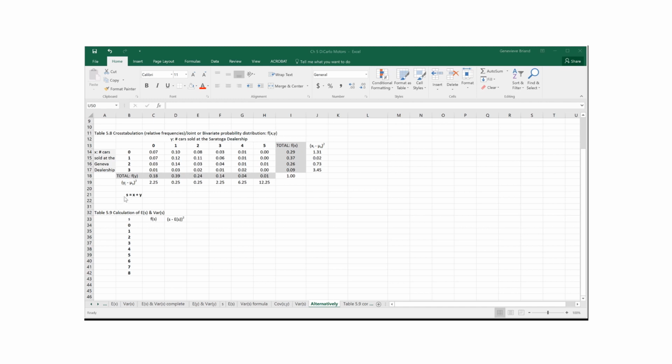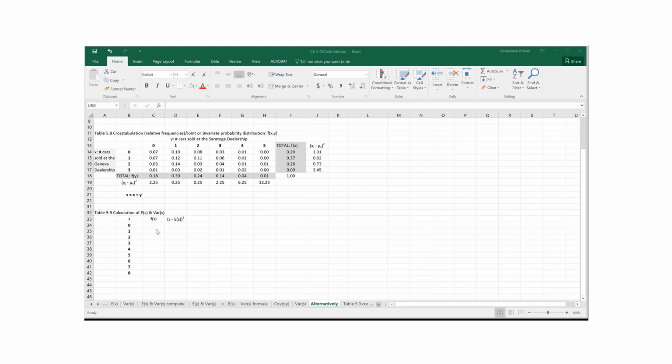So if S is defined as x plus y, then our S values are going to range from 0 to 8. Our probability f of S corresponds to our joint probabilities from table 5.8.